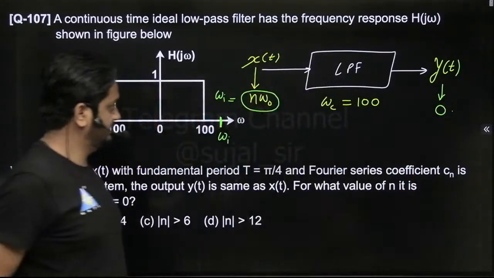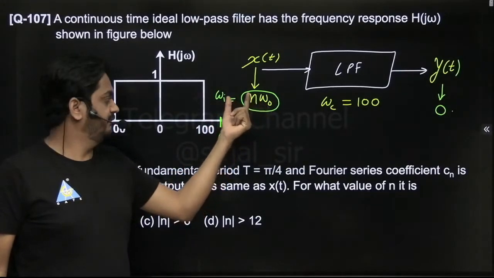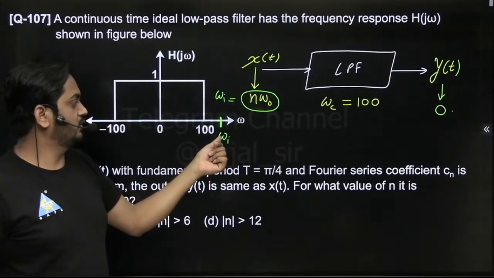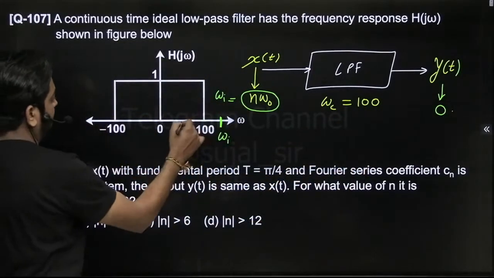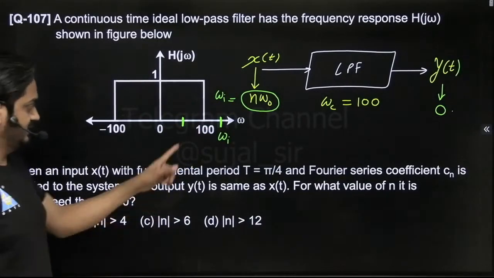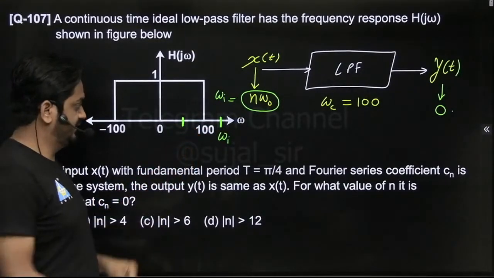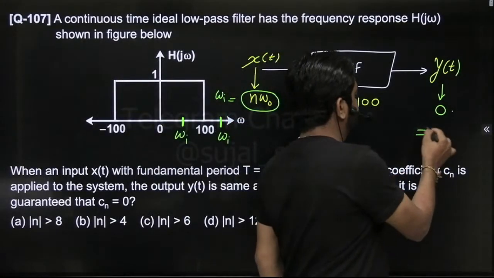This input frequency is n omega 0. If n omega 0 is greater than the cutoff frequency, then the output will be 0. And if the input frequency is less than the cutoff frequency, 100, then the output will not be 0.